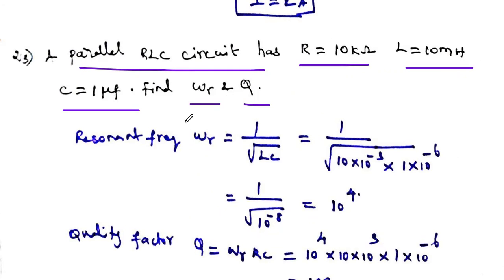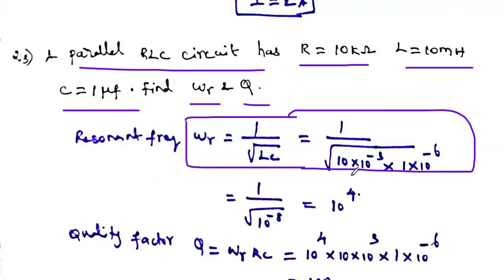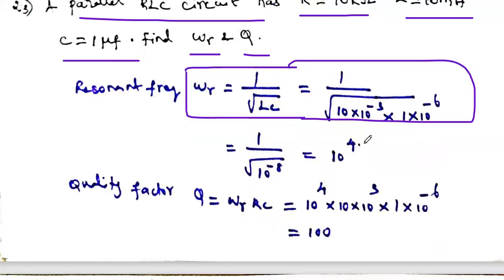You already know the formula: the resonant frequency omega R is 1 by square root of LC. L is 10 milli, so 10 into 10 to the power minus 3. Capacitor C is 1 microfarad, so 1 into 10 to the power minus 6. Substitute it and the answer is 10 to the power 4.